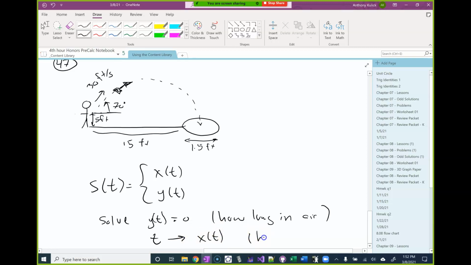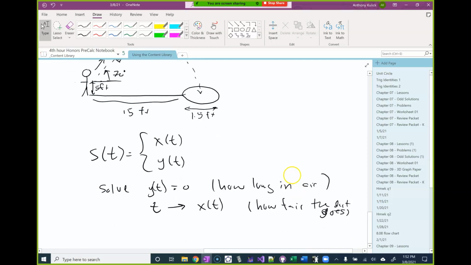This will tell me how far horizontally the dart goes. And basically I'm looking at whether that value x of t is between 15 and 16.5. Does that make sense so far, Therese?